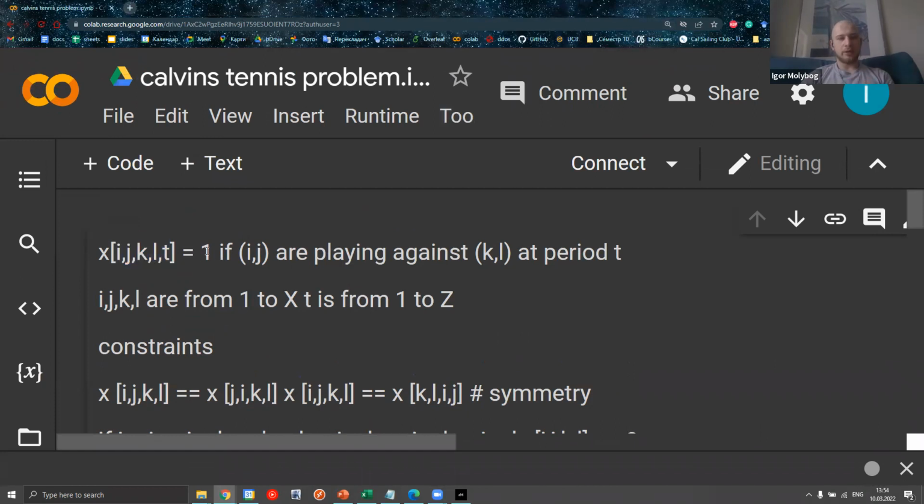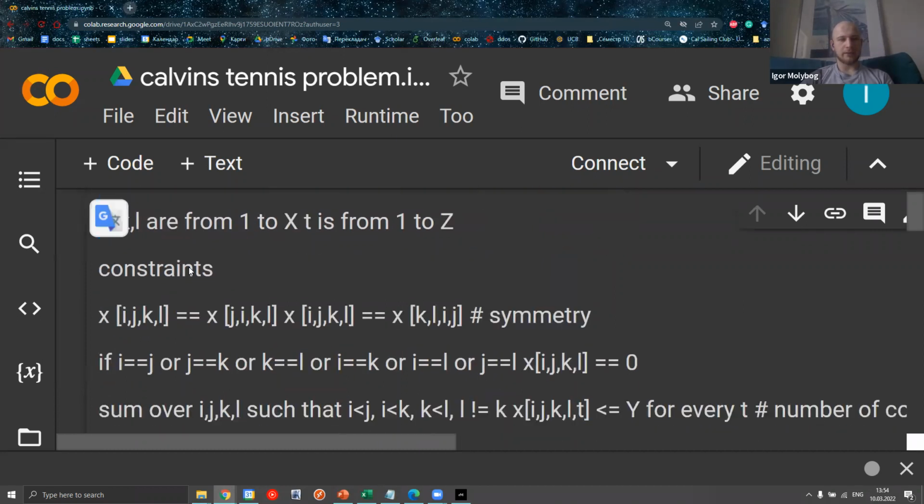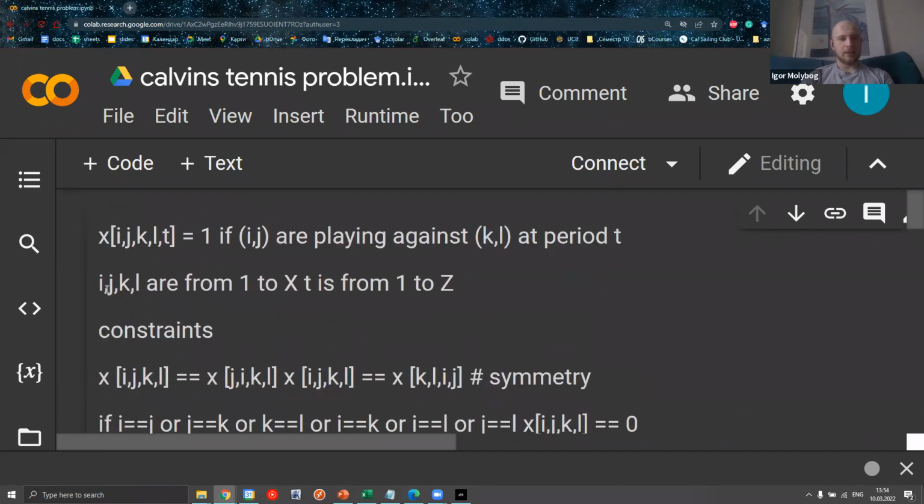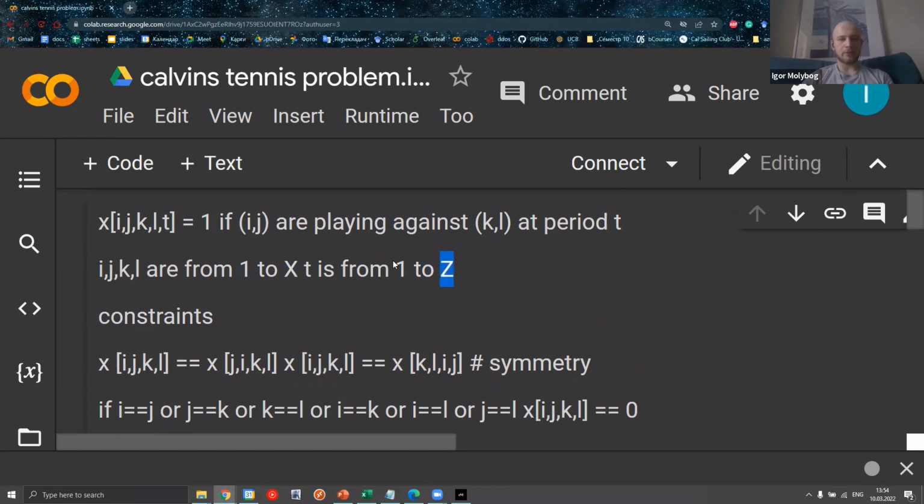It's going to be equal to 1 if i, j are playing against k, l at period t. So this is a binary variable, and it has 5 indices. i, j, k, l are from 1 to n, the number of players. t is from 1 to z, the number of periods.